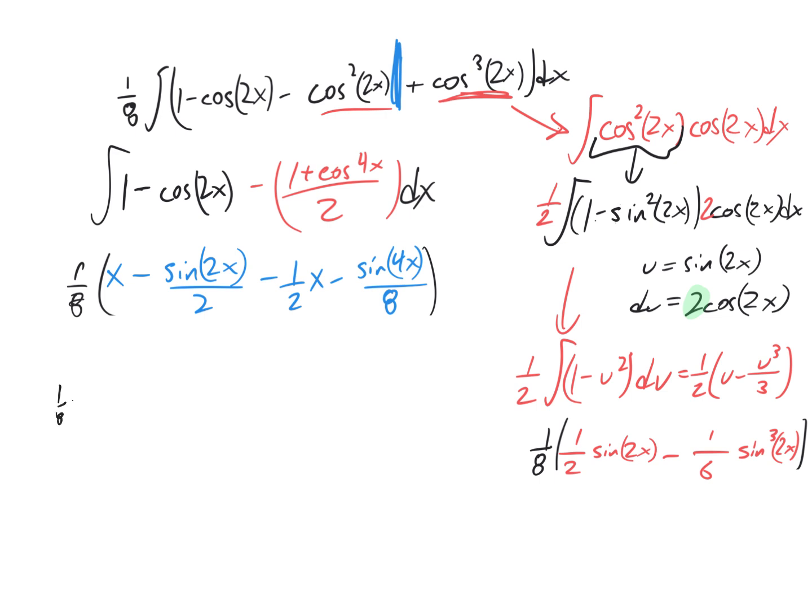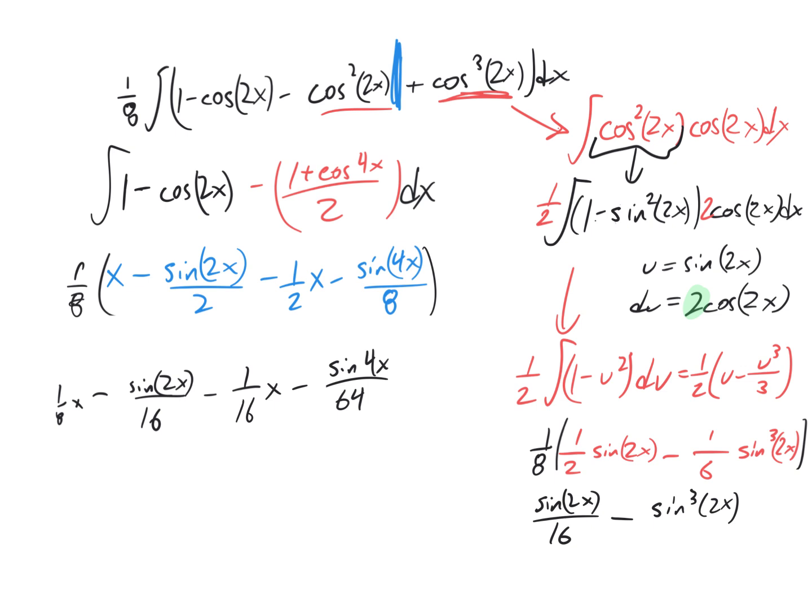So 1 over 8 x minus sine 2x over 16 minus 1 over 16 x and minus sine 4x over 64. On this side, if I distribute my 1/8, and I'll put them as fractions to match the other side, sine 2x over 16 minus sine cubed 2x over 48, right?